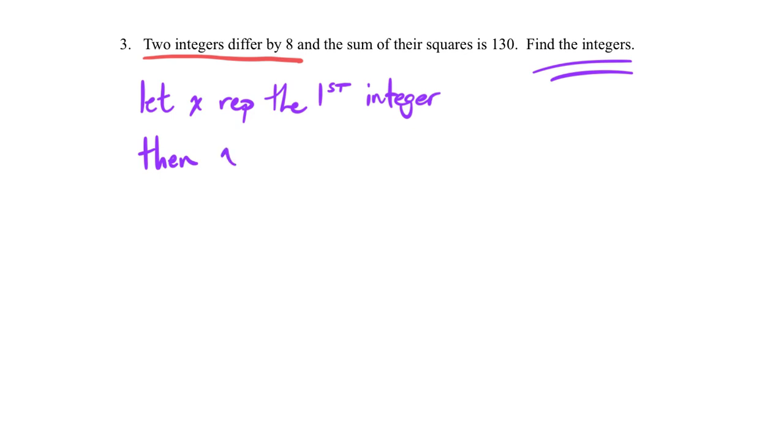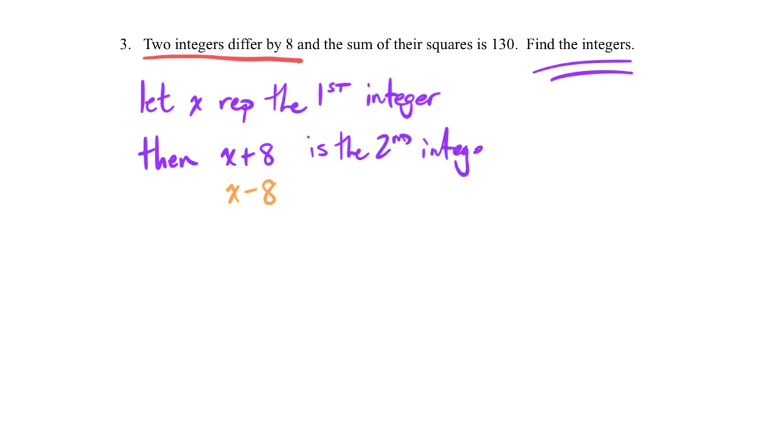You could have said that it was x plus 8, similar to what we did before, or you could have said that it was x minus 8. Really, it's your definition of first. I am going to continue following along with first means the smallest. So my second integer would be me adding to it. x plus 8 then is the second integer.